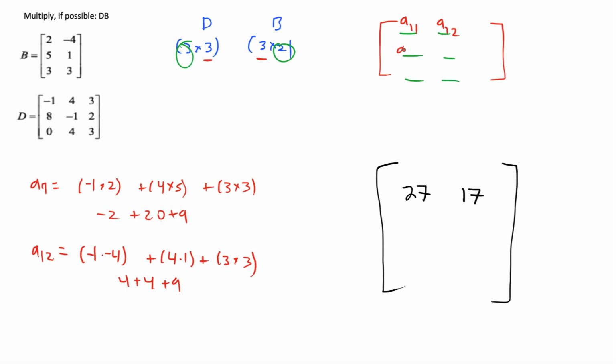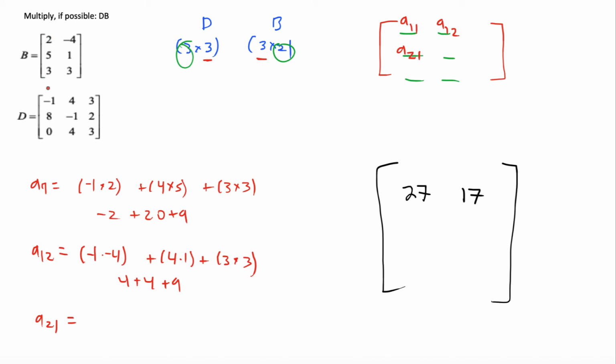What about this one? This is the second row, first column. So to get the second row, first column of our product matrix, we need the second row of D and the first column of B. So to get A21, we want the second row of D and the first column in B. Remember, there's 3 entries here, there's 3 entries here.